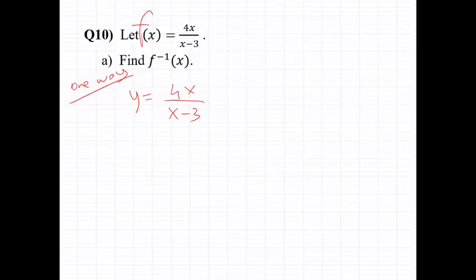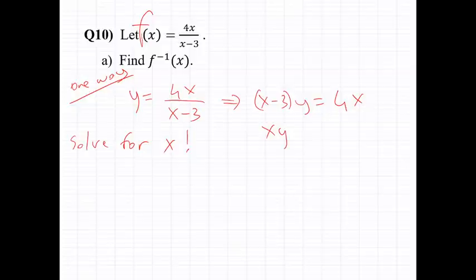Write this one as y equal to, then solve for x. You multiply both sides by x minus 3, and you get xy minus 3y equal to 4x. Then you collect all terms at one side, so it will be 4x minus xy, and we have minus 3y here.